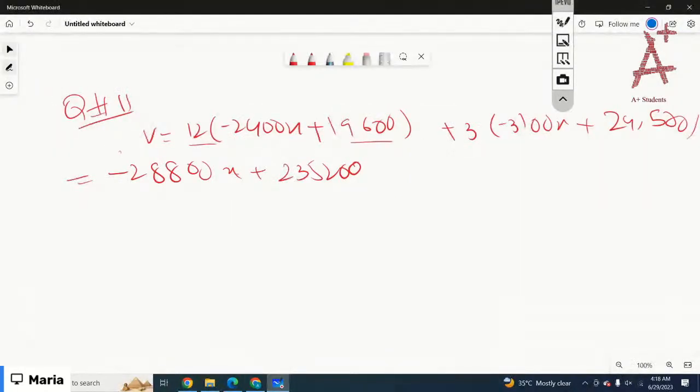When you solve this equation, it would be negative 38,100x and minus 30,8700. So you have to write down the equation. Basically, that is the equation.